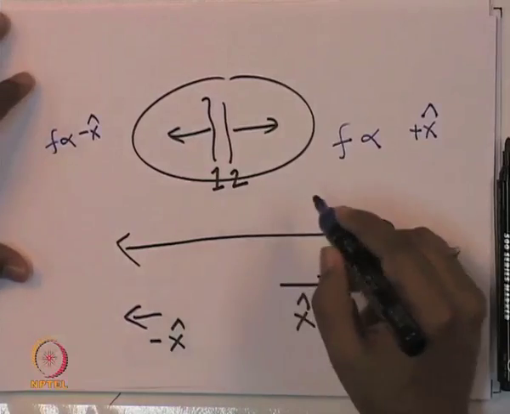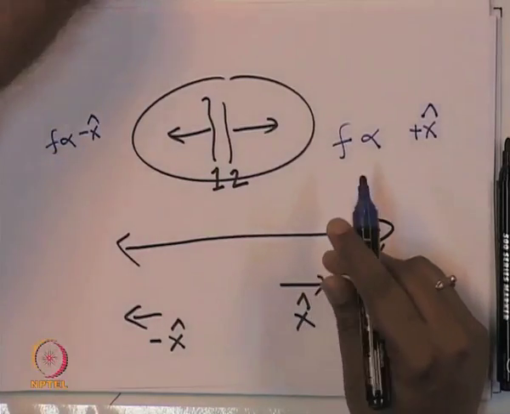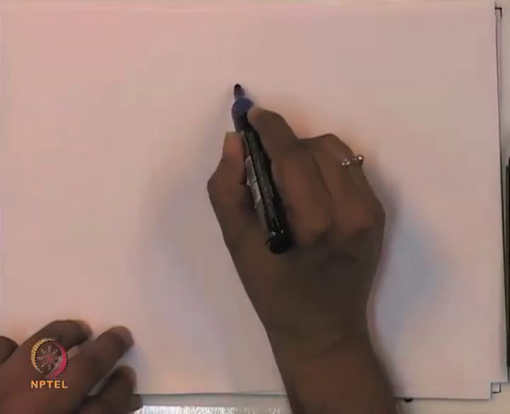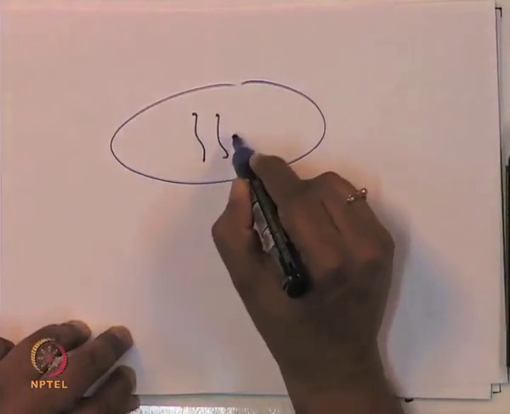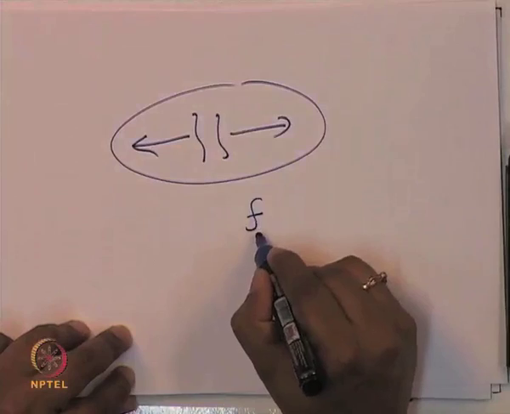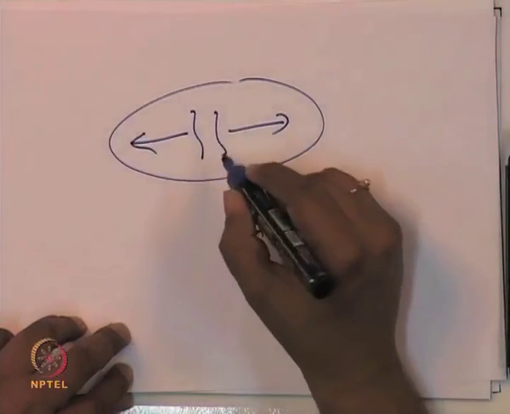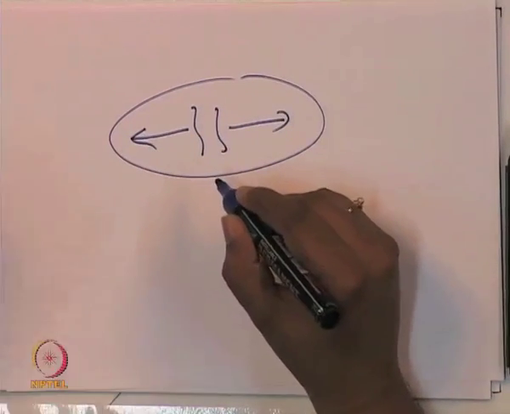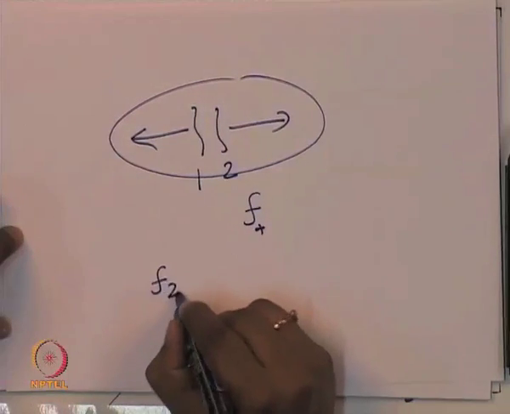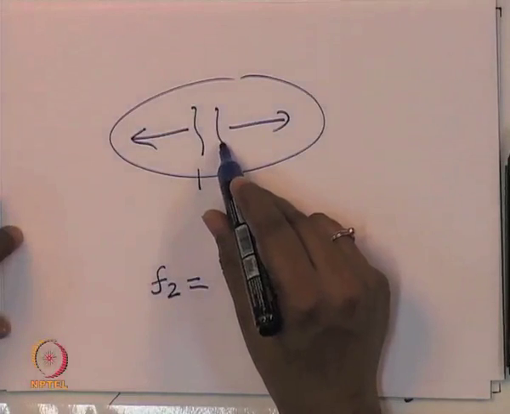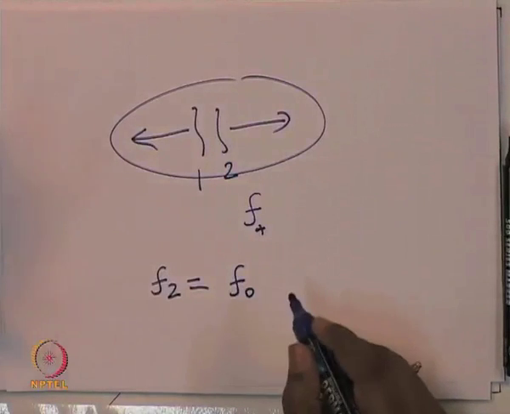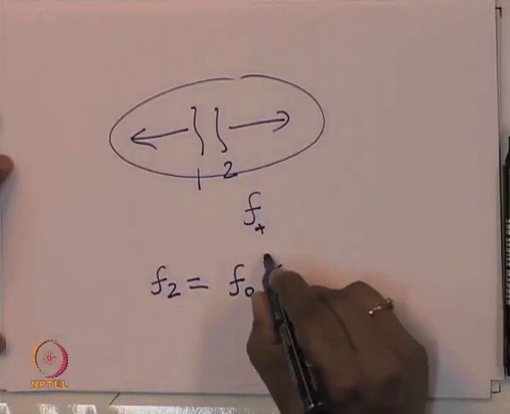So, the force along this direction has to be plus x. We call this chromosome 1 and this chromosome 2. The force on chromosome 2 is some F 0, which we can assume is a constant, times x cap.